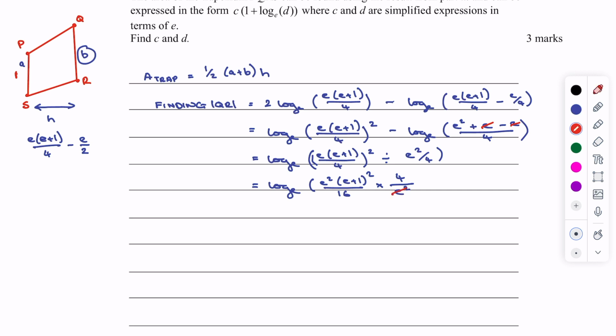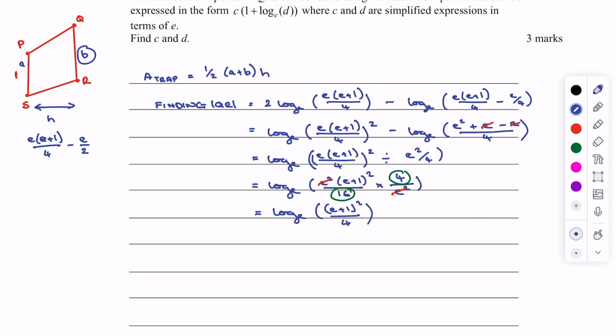Get a cancellation there. Just note I'm looking at 4 and 16, so I'm going to simplify them as much as I can. So I've got (e plus 1) all squared on 4.